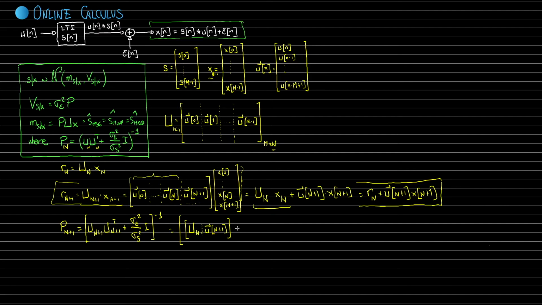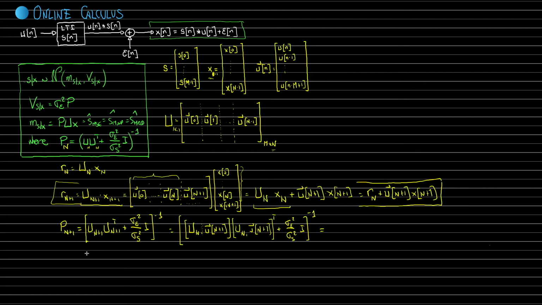It has to be multiplied by itself, Un plus 1 transpose, plus sigma epsilon square divided by sigma s square times the identity matrix, to the minus 1.